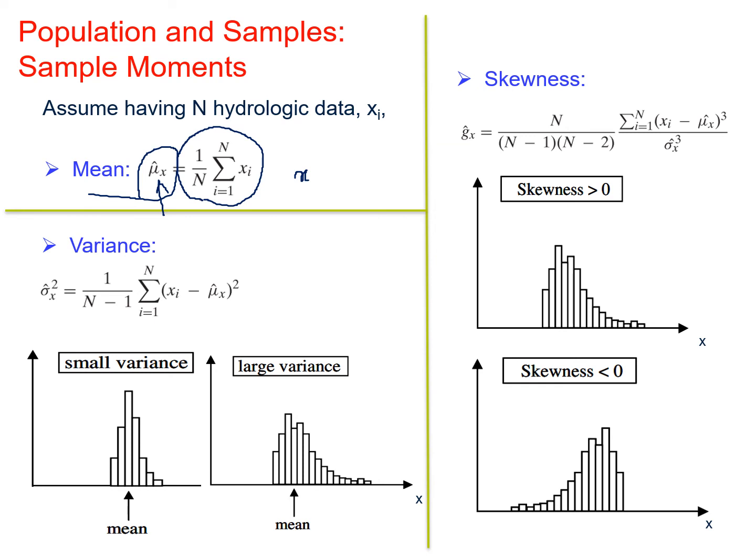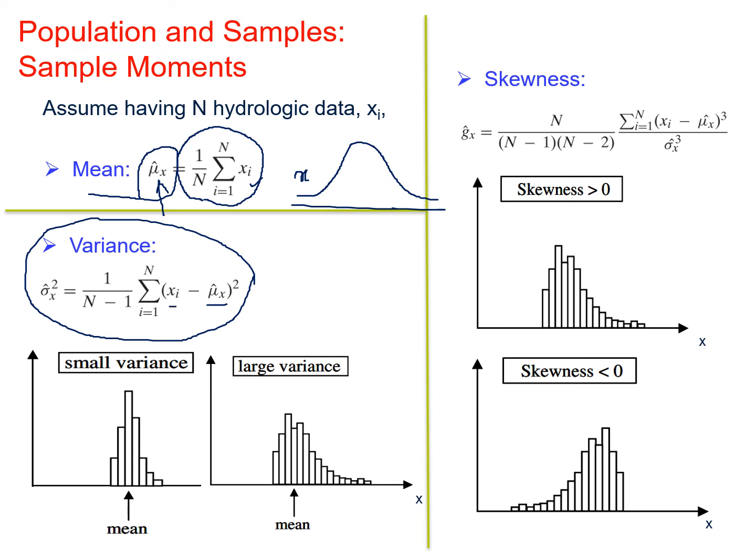For the mean, the summation of x divided by the number of data is the mean, right? If we don't use the distribution but just use the actual data, we can calculate the mean. We can calculate the variance from the actual data: xi minus mu, squared, divided by n minus 1 gives the variance.